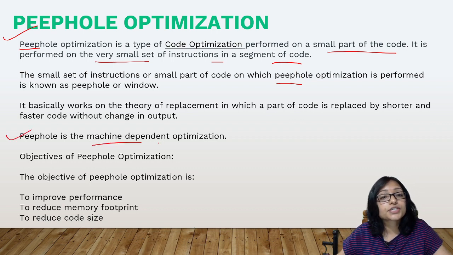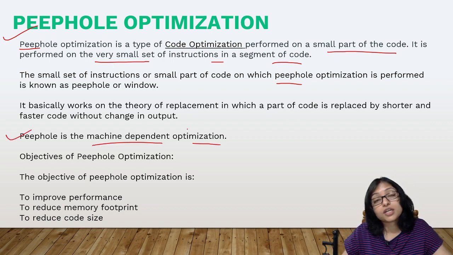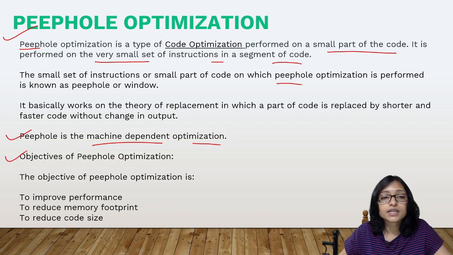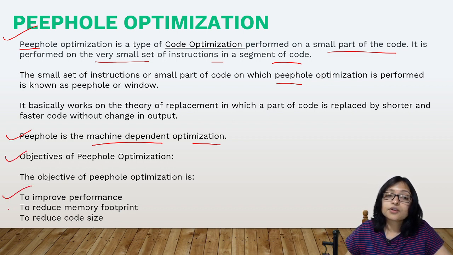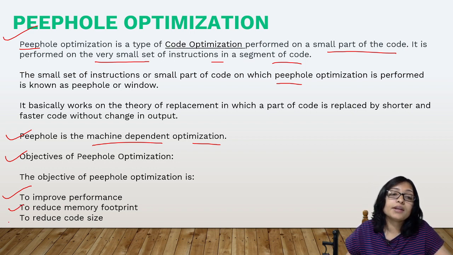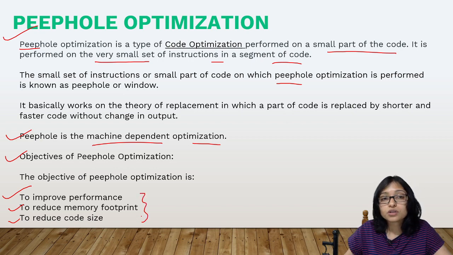Peephole is a machine dependent optimization. Here questions are coming. The objective is to improve performance, reduce memory usage, and reduce the code size also. These are the main focus of peephole optimization.